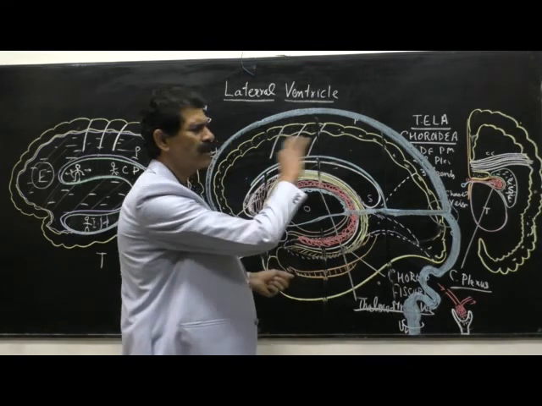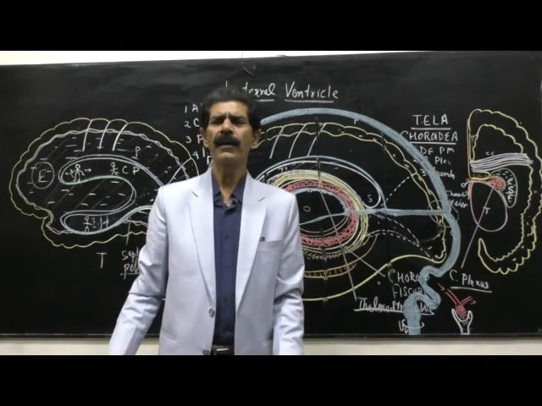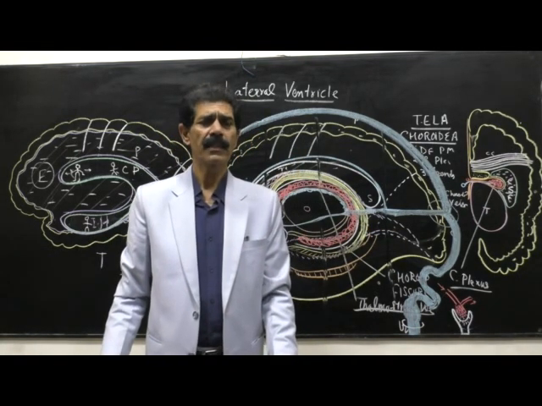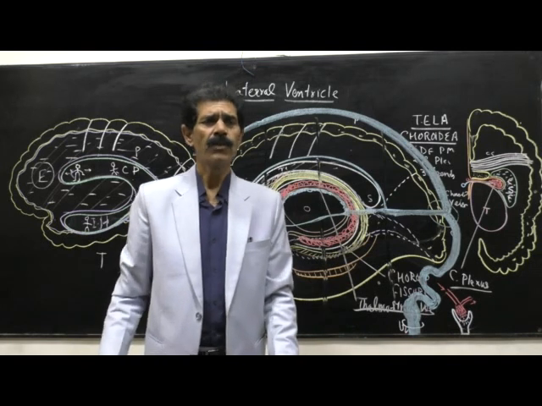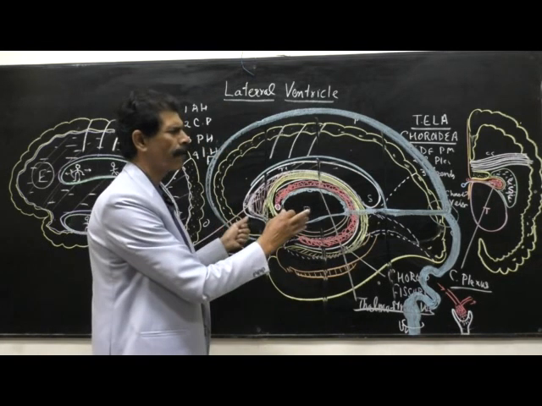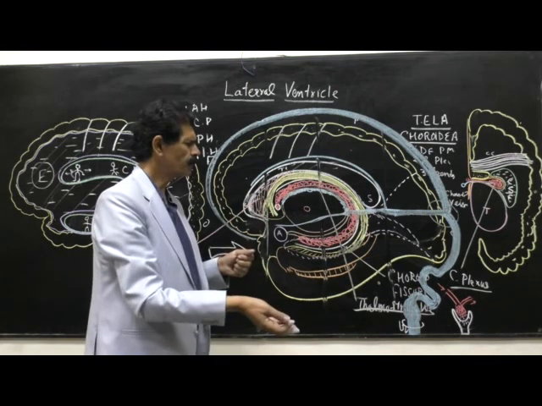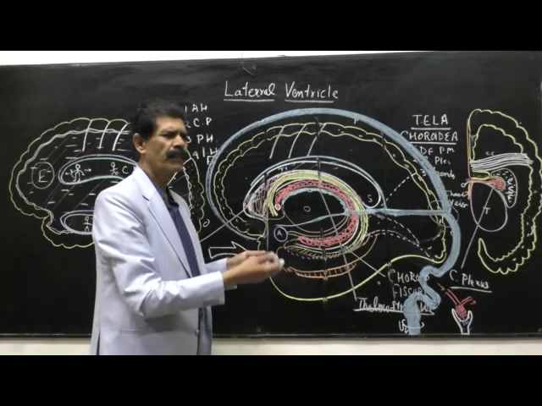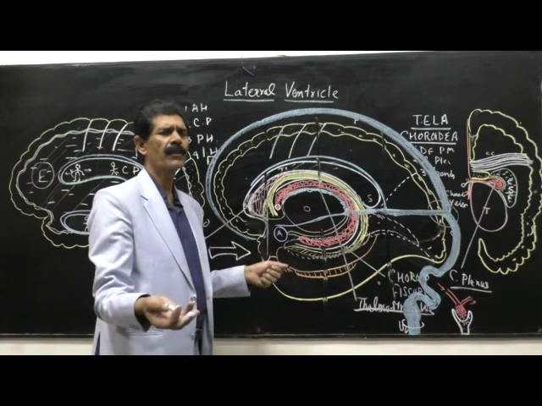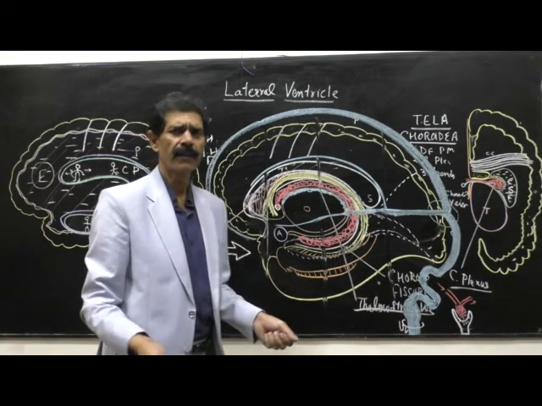So this is how the venous drainage and arterial supply of the choroid plexus are related together. So this is the basic diagram which we will do later on by explaining the different parts of the lateral ventricle. That's all.